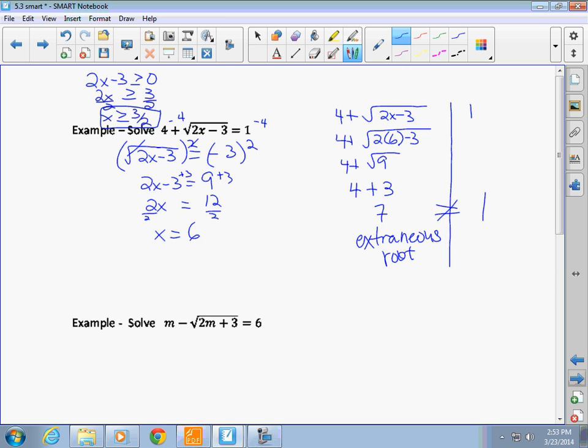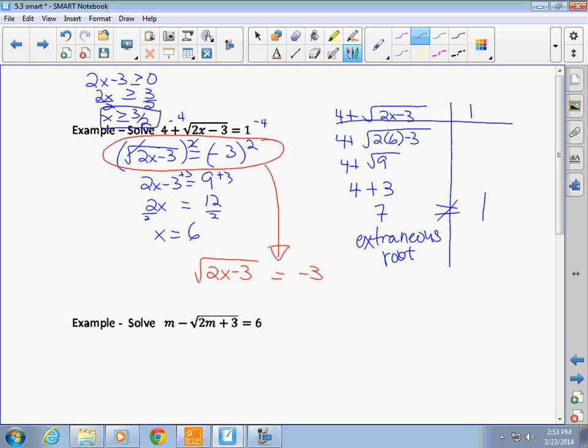The reason I know that this is an extraneous root is right from my first step of solving. Before I squared both sides, I had the square root of 2x minus 3 is equal to negative 3. There is never a time that a positive square root can equal a negative number.